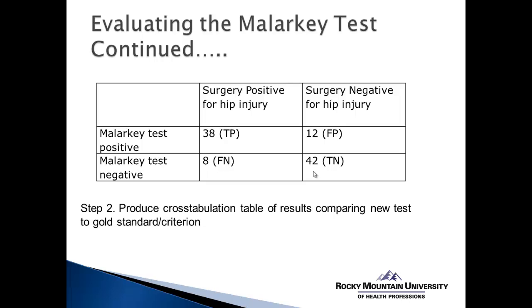But in order to calculate likelihood ratio, we need those 2 values. So in this example, I'm going to go through the calculations by hand just so you can see how we calculate sensitivity, specificity, and then likelihood ratios.